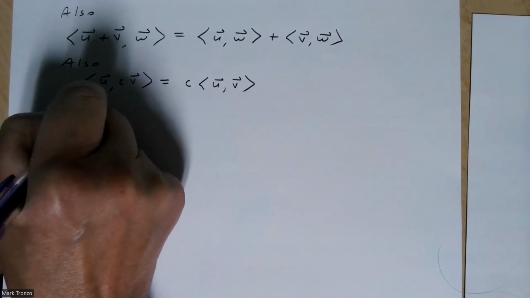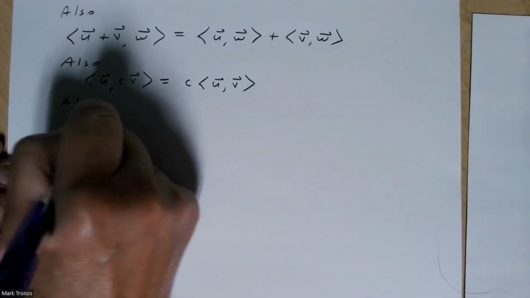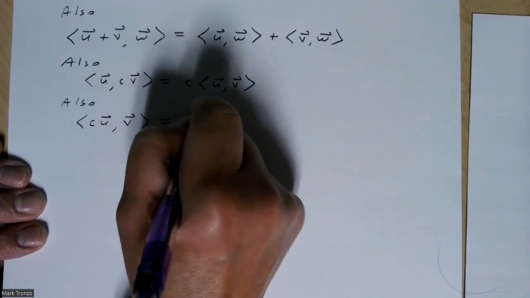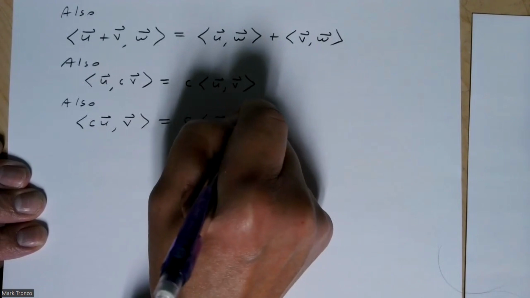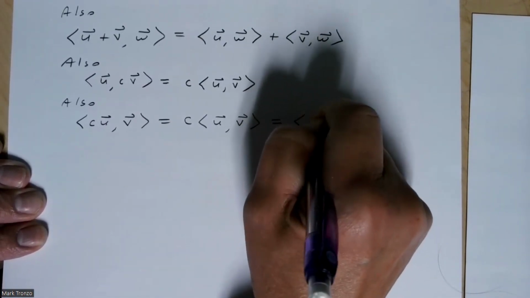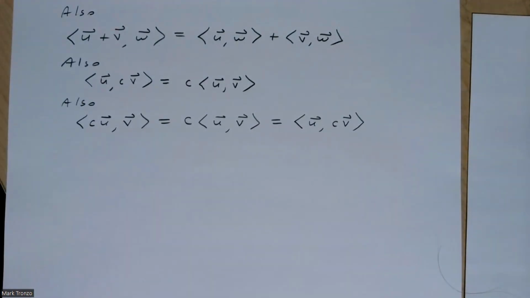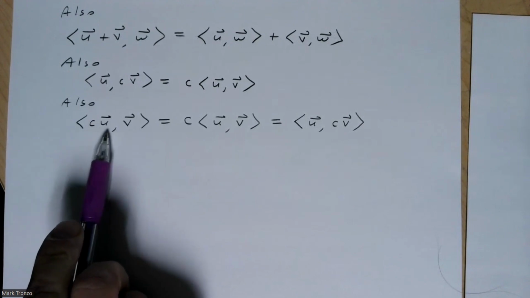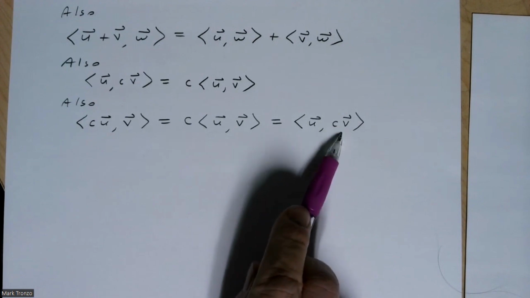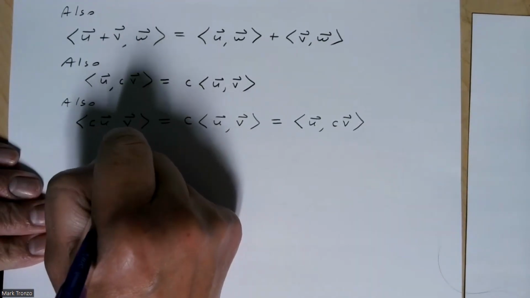Putting together what we had a minute ago, C<U, V> is equal to <CU, V>, equal to <U, CV>. So if you have <CU, V>, that's going to be the same as <U, CV>, as long as we're working with real numbers.